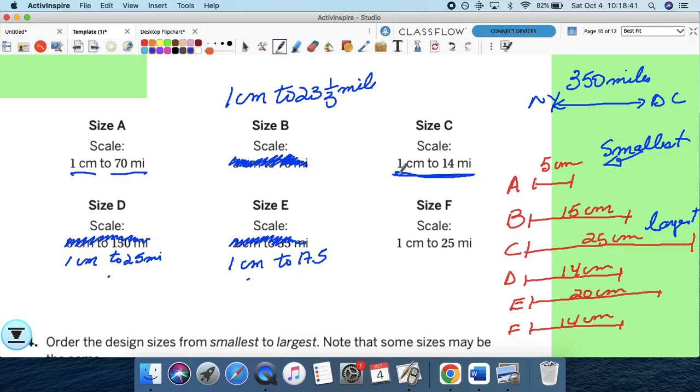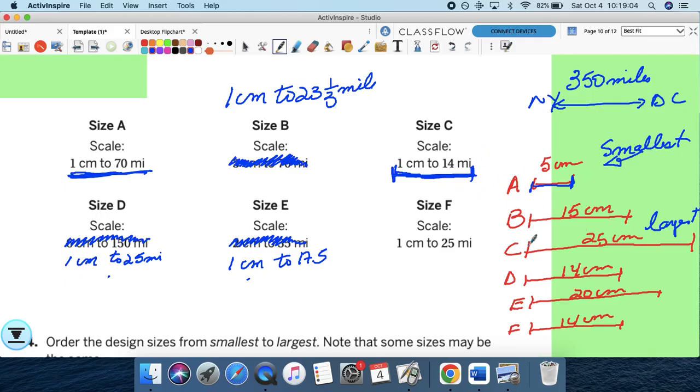So it almost has the opposite effect, right? So if your ratio is 1 centimeter to a large number, like 70 miles in A, in your notebook you actually get the smallest representation. If you have a scale where you're comparing 1 centimeter to the smallest amount of miles, guess what?